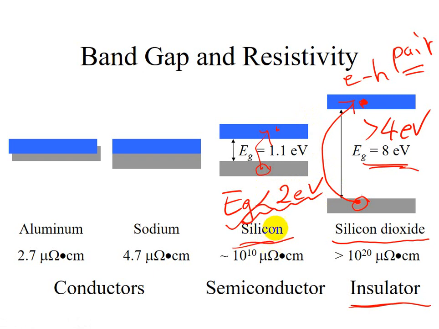So initially it is filled at the valence band and empty, no electron at conducting band.